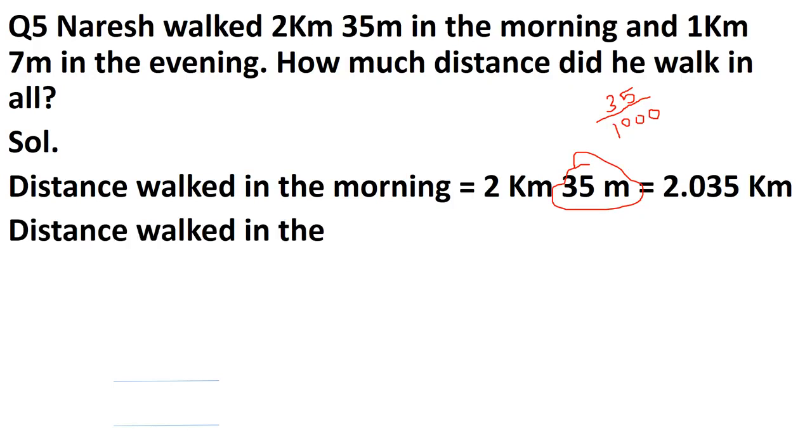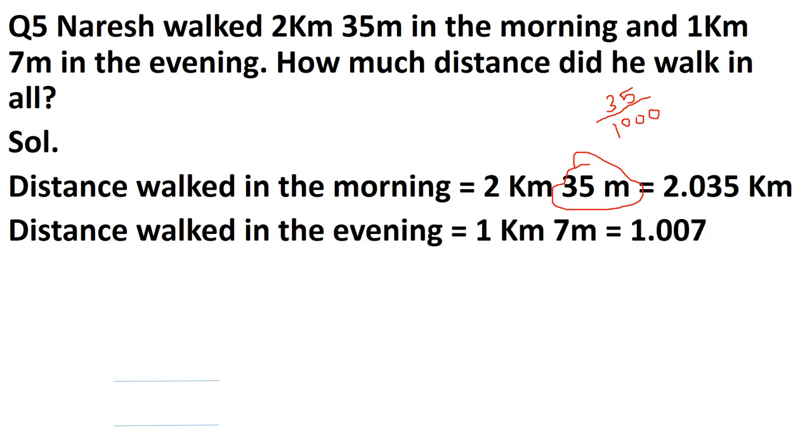Distance walked in the evening. How much distance he walked in the evening? 1 kilometer 7 meter, which is equal to 1 decimal 007 kilometer. Now see how we have done this. 7 meter into kilometer. How we have done? 7 divided by 1000. Again here are 3 zeros. But in the numerator we have only one digit, that is 7. So before 7, here also you will write down 0.